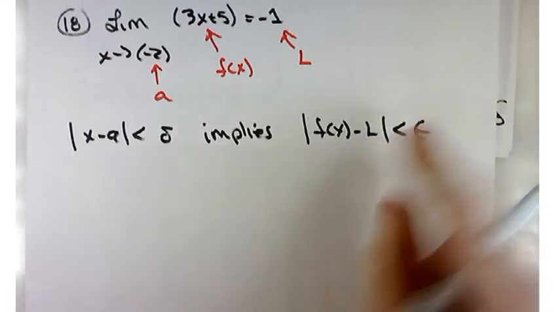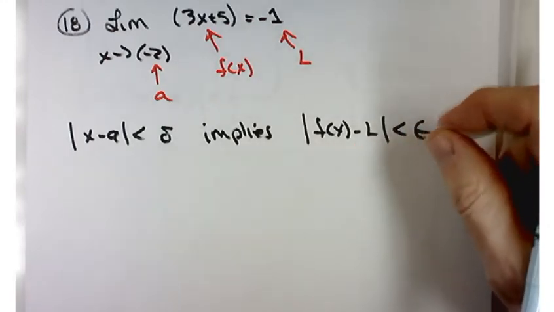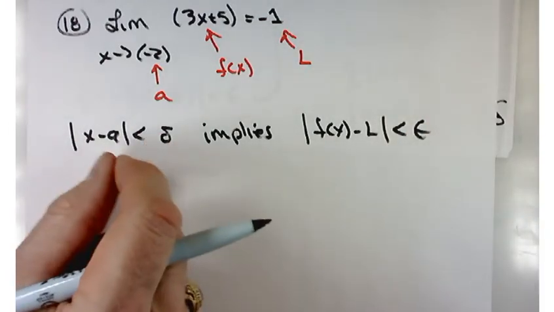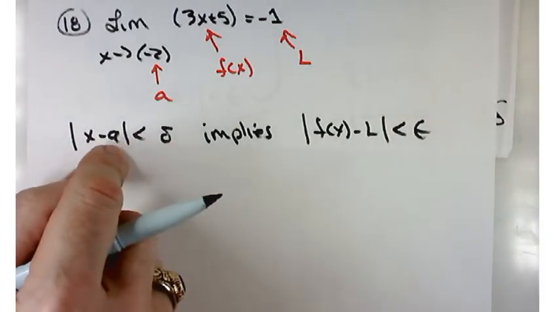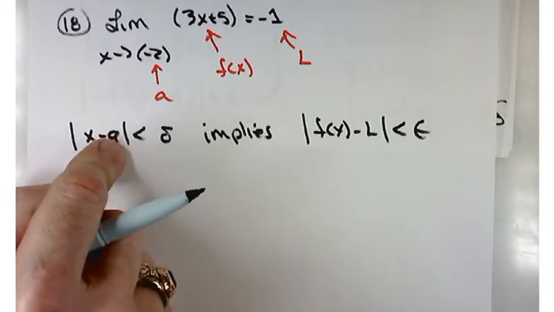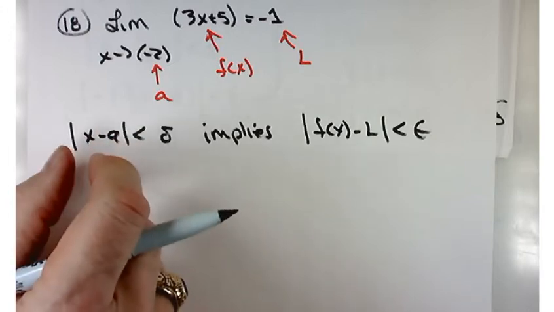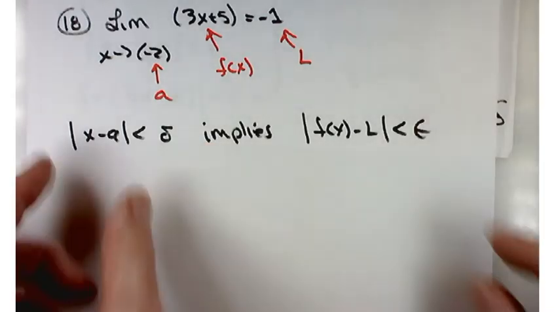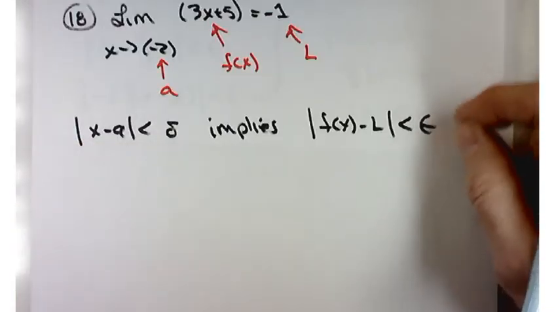Basically, we can get as close as you want to your limit in the y direction as long as we're as close as we need to be to this value of A in the x direction. So is the input close to the output, or close enough in the input gives you close enough in the output.